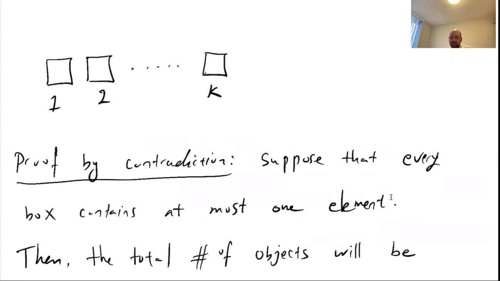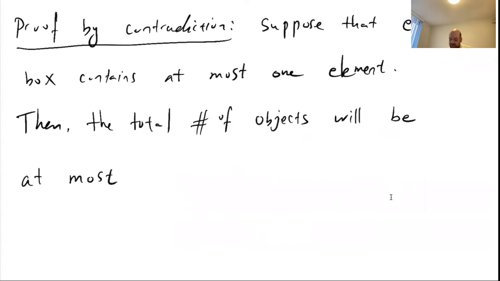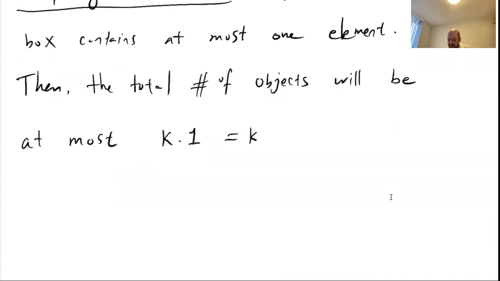Every box has at most 1 element, and we have k boxes. So the total number of objects will be at most k times 1, right? K because we have k boxes, and 1 because I'm assuming that every box has at most 1 element. So k times 1 is k. This means m is at most k.